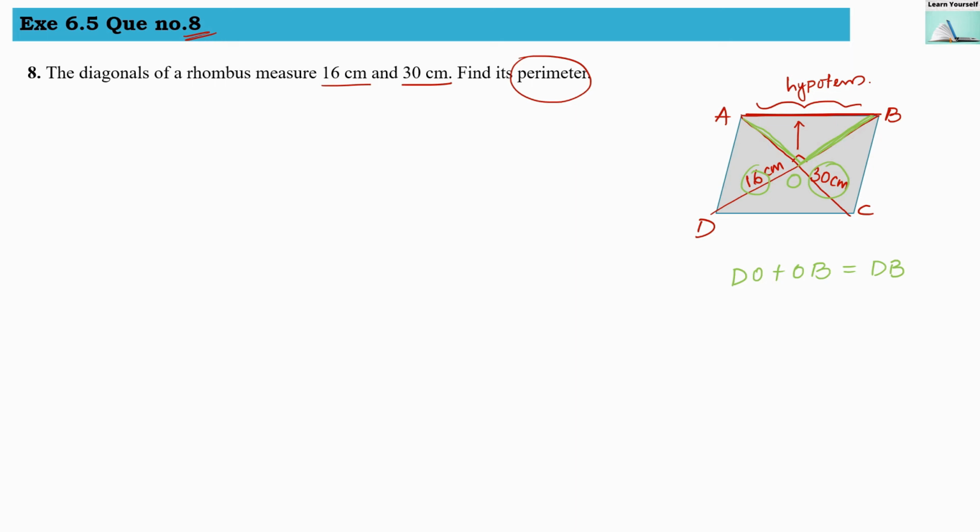So DO and OB's distance will be 8 centimeter. So OA's distance we can write as 15 centimeter, half of the 30 centimeter, and OB's distance we can write as 8 centimeter, that is half of the 16 centimeter. So now we got the measure of these two sides.